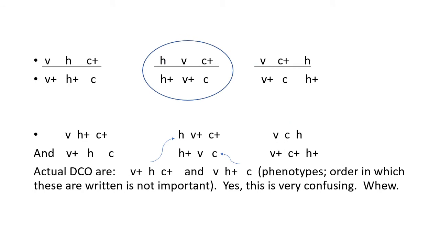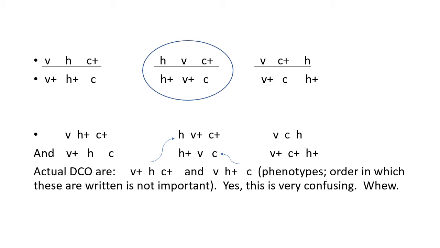Okay, so I've conveniently circled this here. This is the correct order and the correct arrangement of alleles, and we can see that the double crossovers match. I put little arrows here to say that, by inspection, if you want to try doing that, these alleles are together. What you do is look for the one that's different. For example, here we have the hooked only and the V plus C plus.